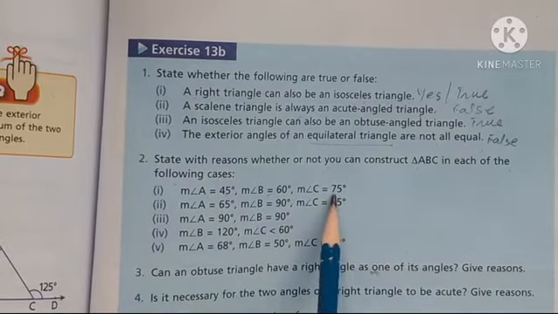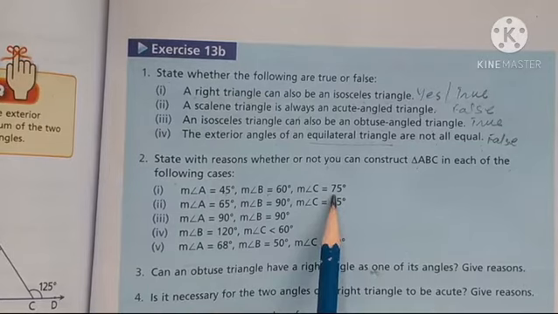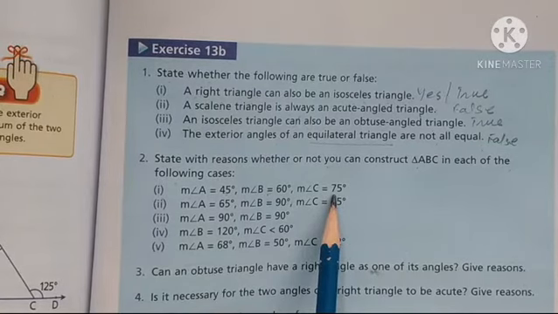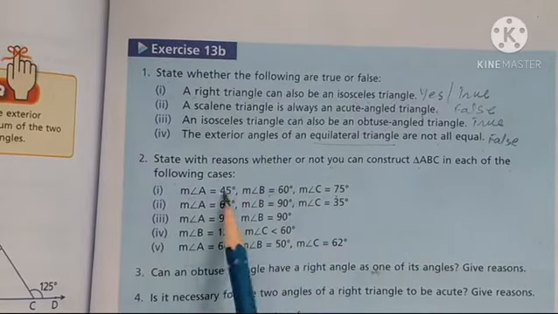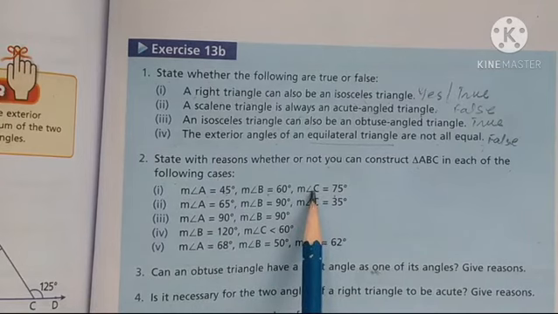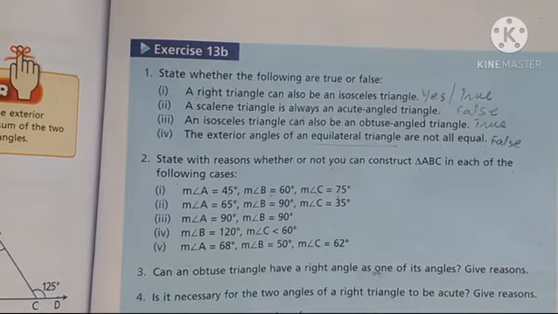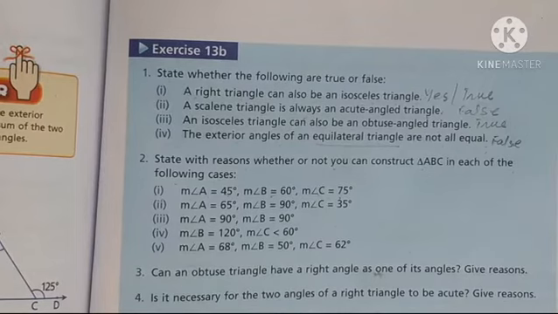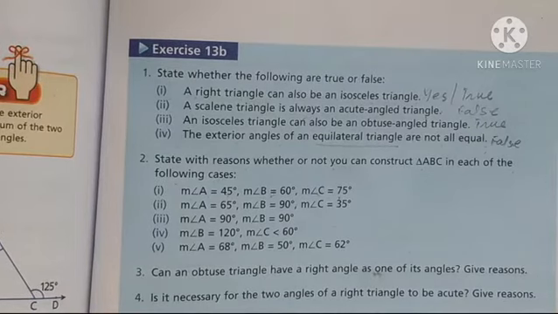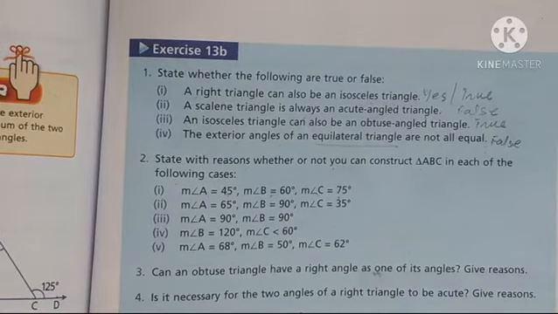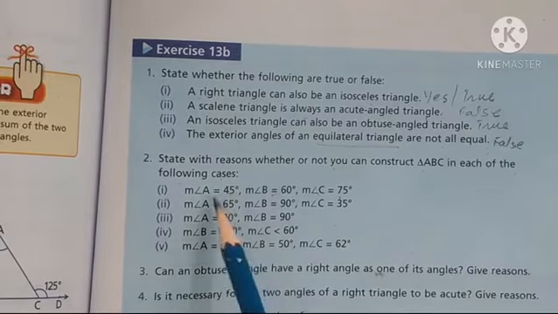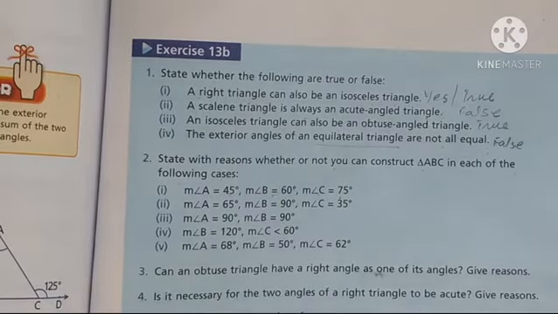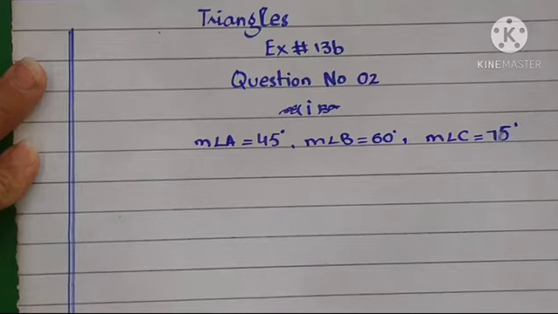If we get the answer 180 degrees, then we can construct a triangle using these angles. But if we do not get 180 degrees, if we get less than or greater than 180 degrees, then we cannot construct a triangle using these angles. Clear? Now, we will solve these questions.